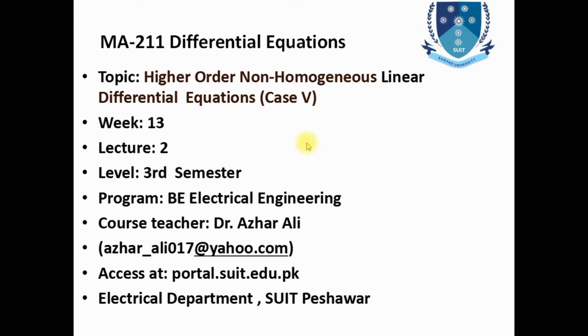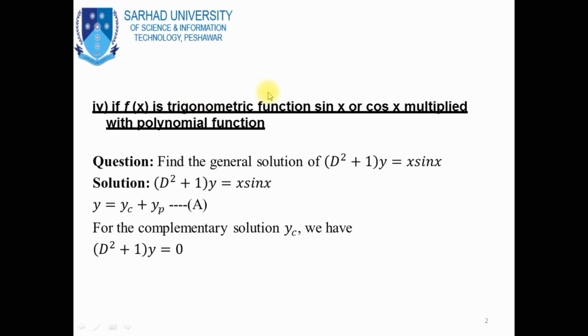So in this video lecture we are going to learn about the function which is a trigonometric function, sine x or cos x, or we can say sine ax or cos ax, multiplied with the polynomial function. Then how we can find the particular solution.